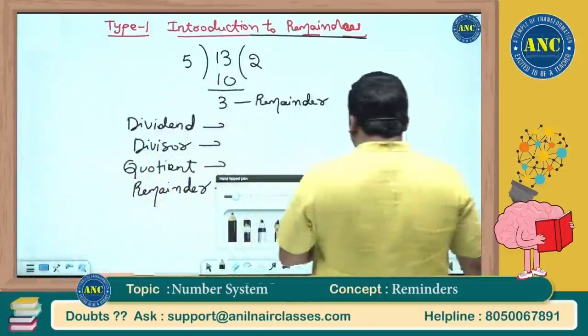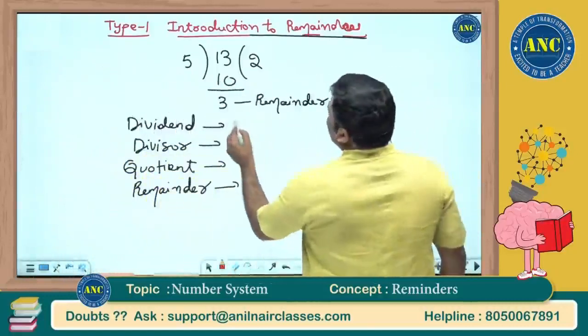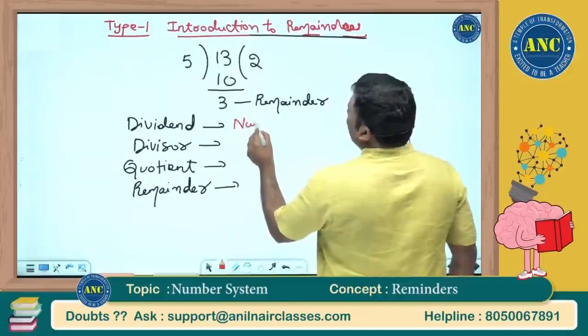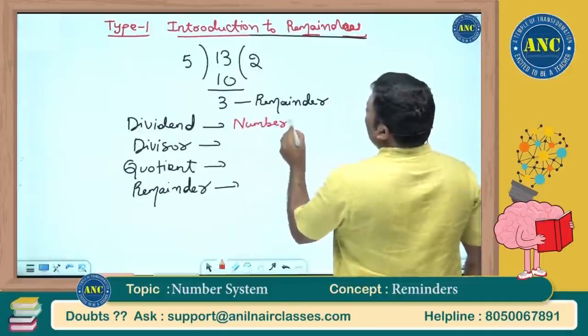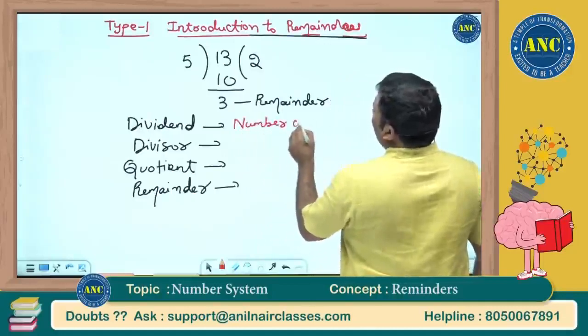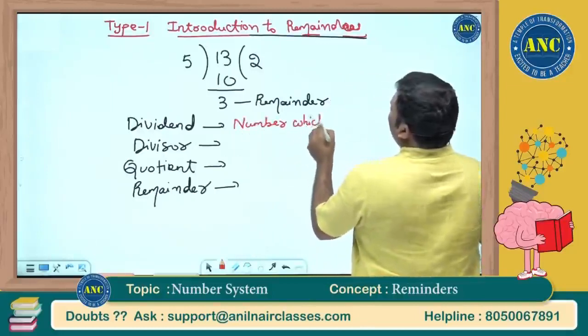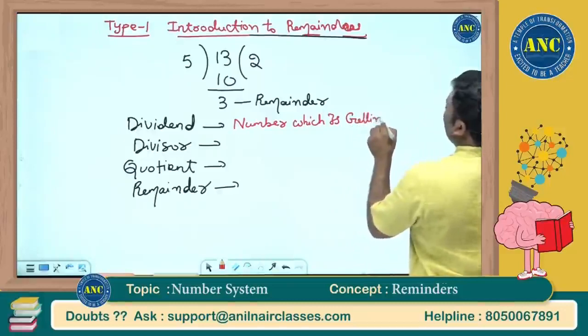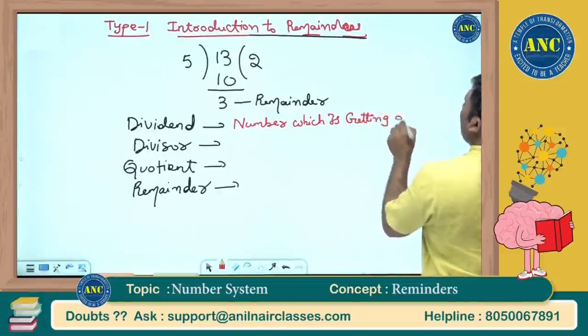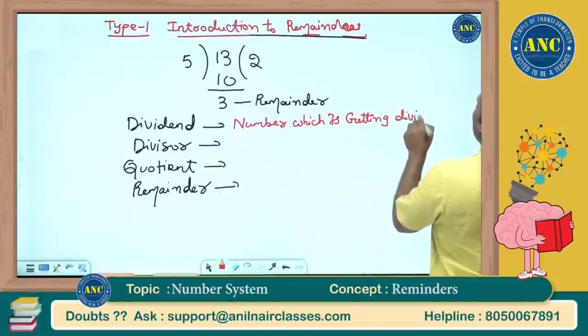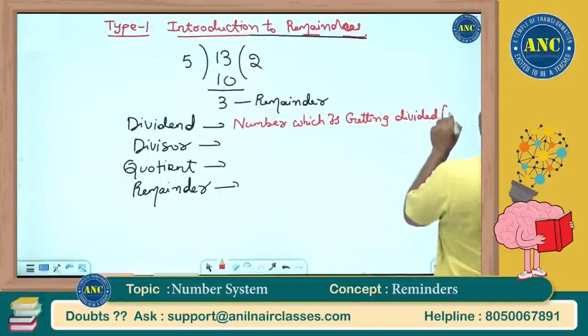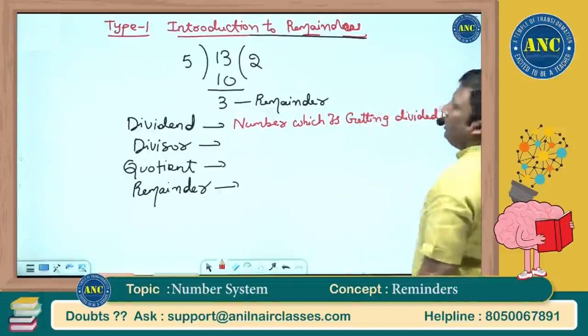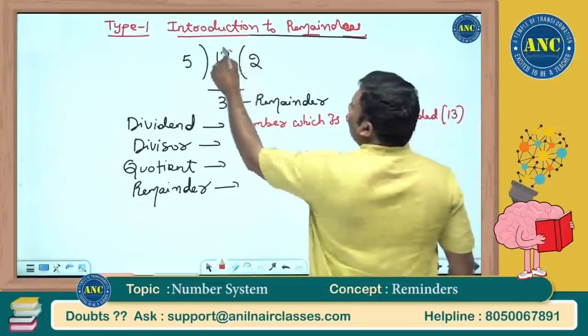What do you mean by dividend? Dividend is nothing but the number which is getting divided. Here dividend is nothing but 13.